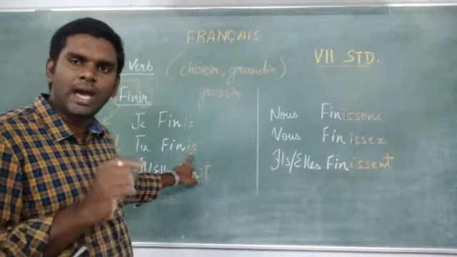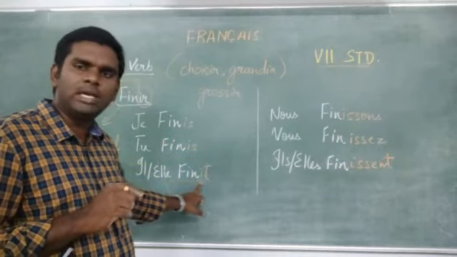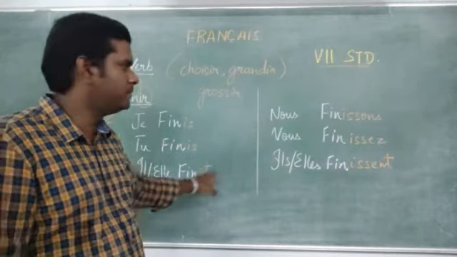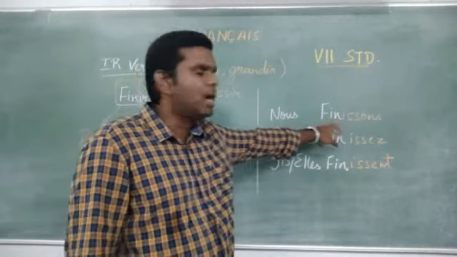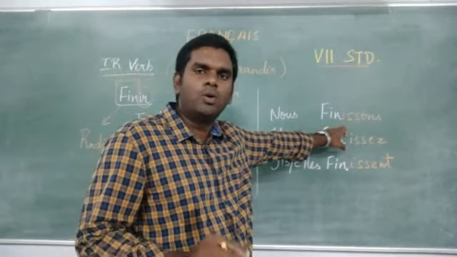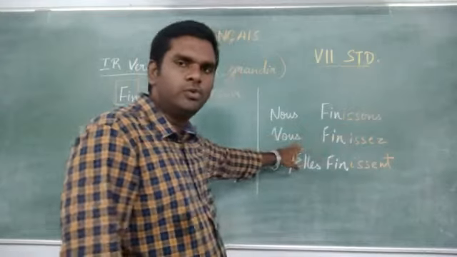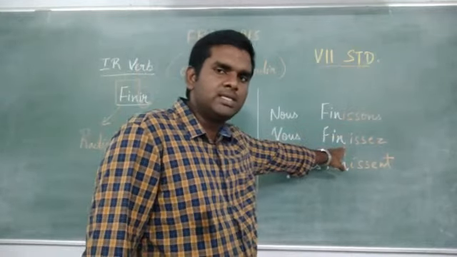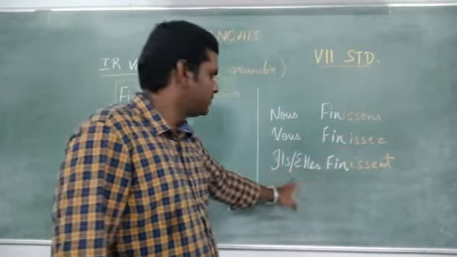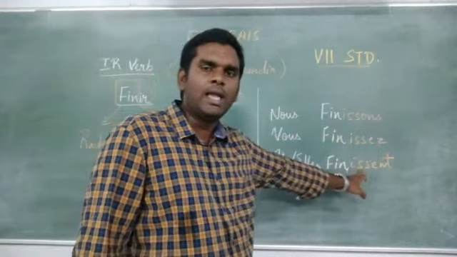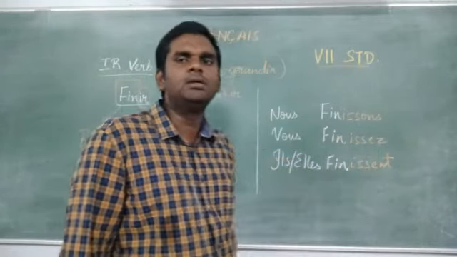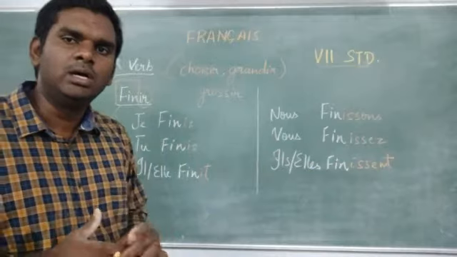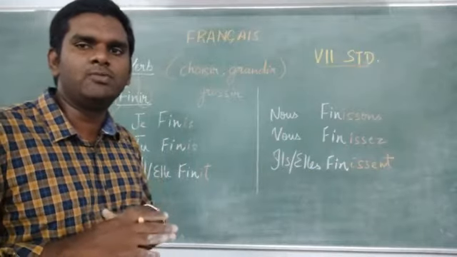Tu, IS. Il or elle, IT. Nous, ISSONS. Vous, ISSEZ. Ils or elles, ISSENT. So this is the regular ending for IR verbs.